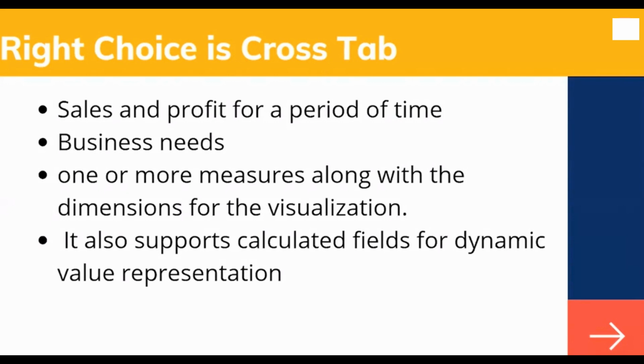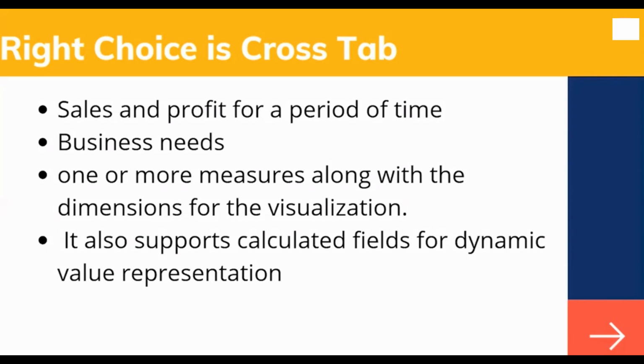As you know, this crosstab chart will take up one or more measures along with the dimensions. So dimensions and measures are going to be there for your visualization. As you know, dimensions will contain qualitative values like name, date, location, etc. And measures will have quantitative values, which are numeric values, maybe the profit value or something like that.